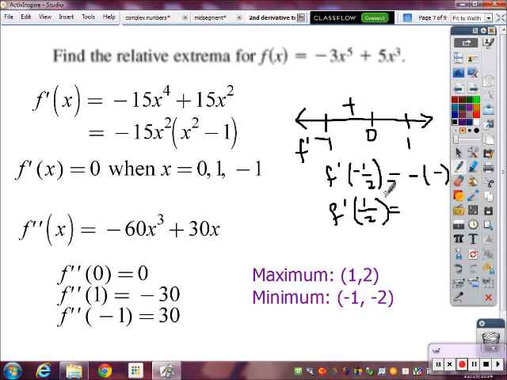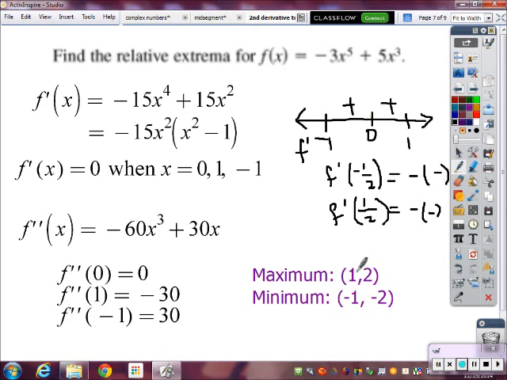And then positive 1/2, again, I'd have a negative factor here, and inside my parentheses, 1/4 minus 1 would again be negative. So no matter what, to the left and to the right of 0, I have an increasing function. And so there is no change, therefore x equals 0 would not be an extreme value.